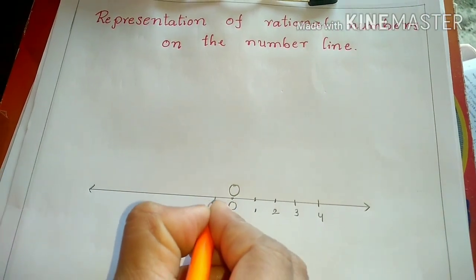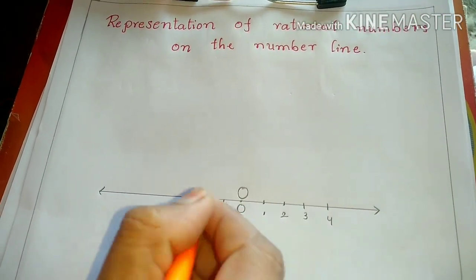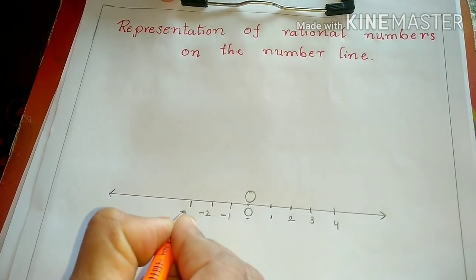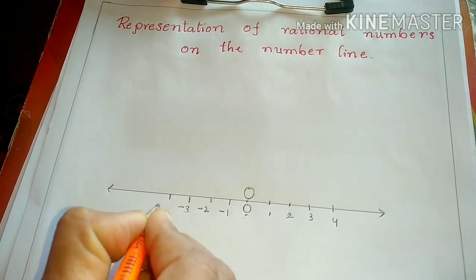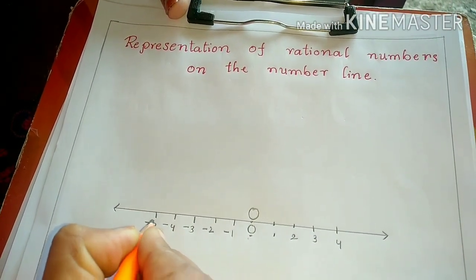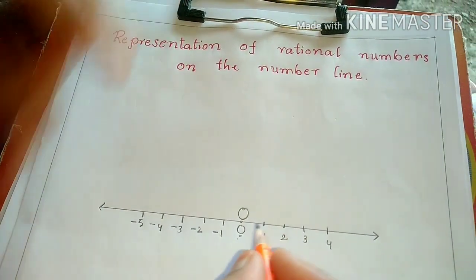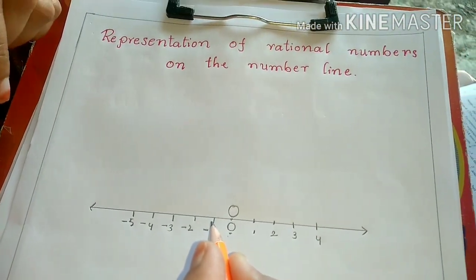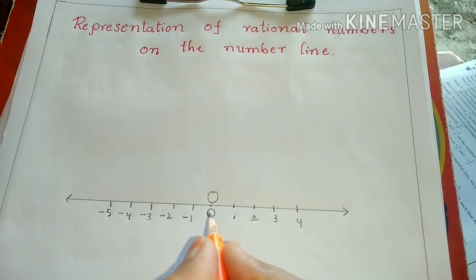On the other side it is -1, -2, -3, -4, -5. Okay, listen carefully. On both sides of 0, the distance between the points is the same.